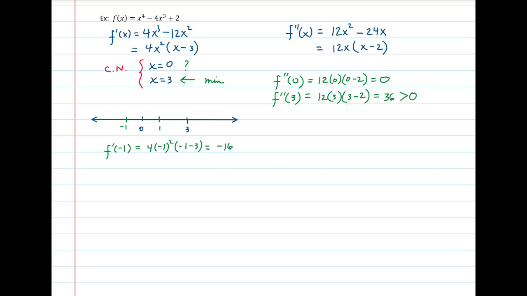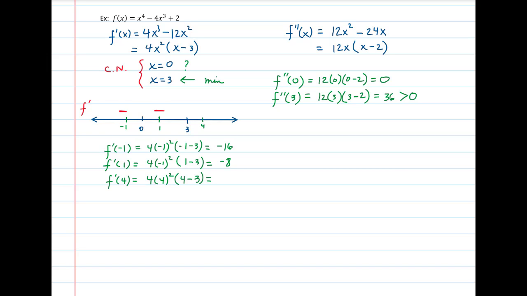All that's equal to -16, which is less than 0. We'll do the same thing for 1. F prime of 1 would be equal to 4 times 1 squared, it should have been 1 squared there, guys, times 1 minus 3. And that gets us -8, which is also negative. Therefore, we don't have a change at 0.